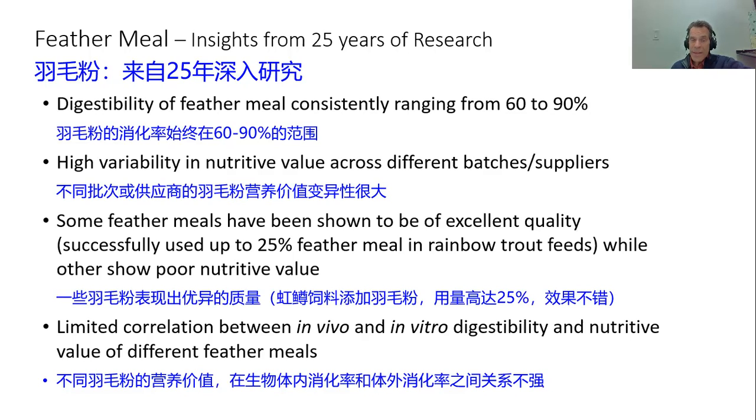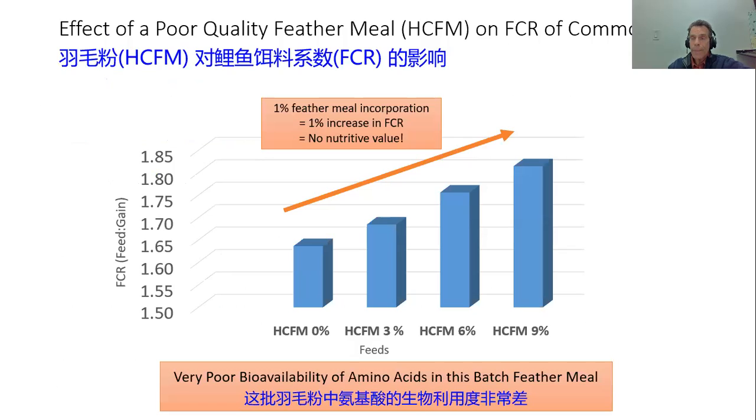In other trials, these levels of feather meal resulted in lower growth performance, and we never quite knew why. We found very limited correlation between digestibility and the actual nutritive value of feather meal, and we never quite understood why.